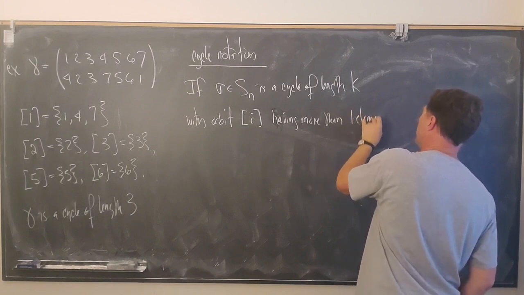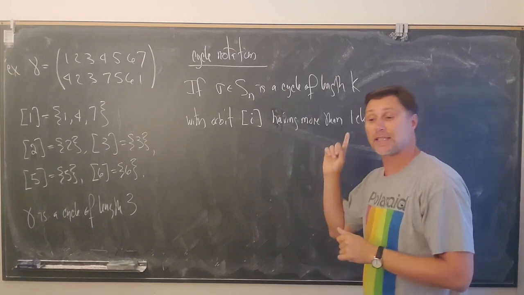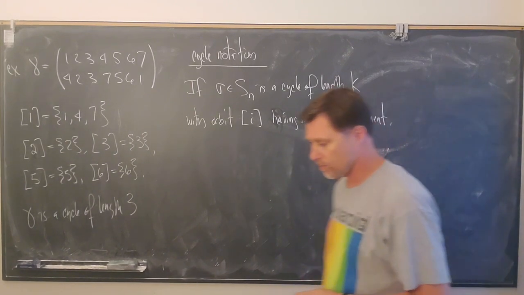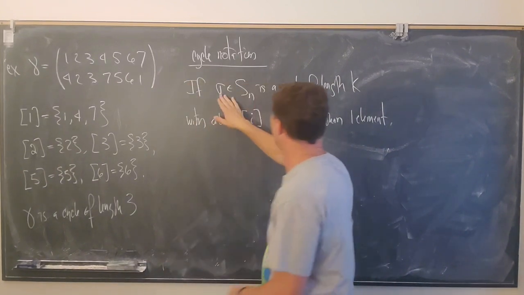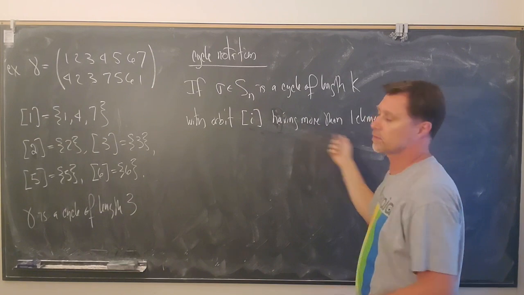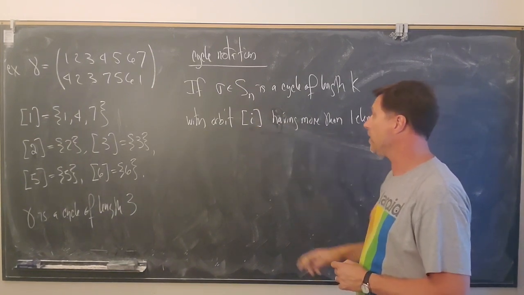So remember, sigma is a cycle, which means it has at most one orbit that has more than one element. In this case, we've got a cycle that has an orbit with more than one element, and so it's the equivalence class of i.